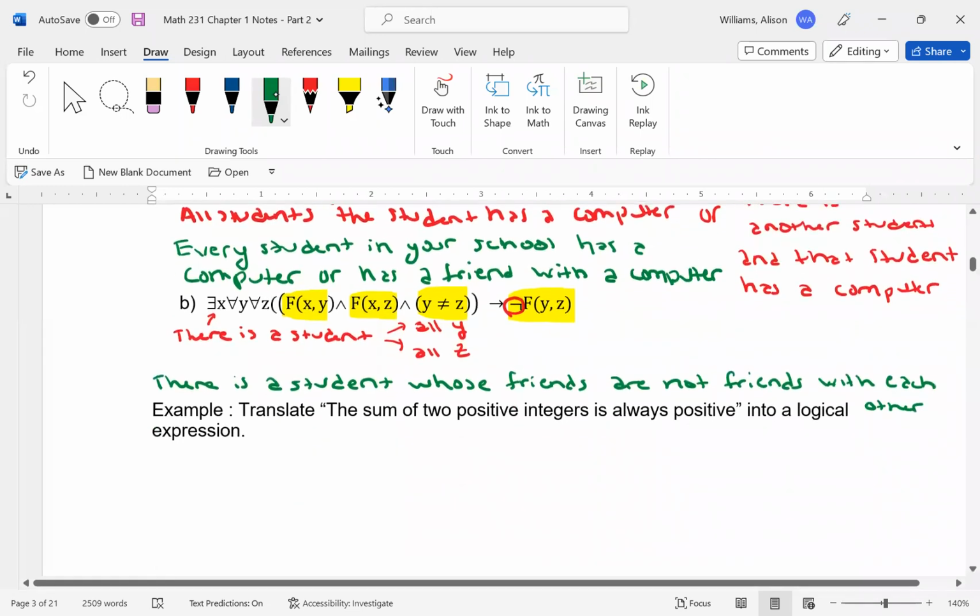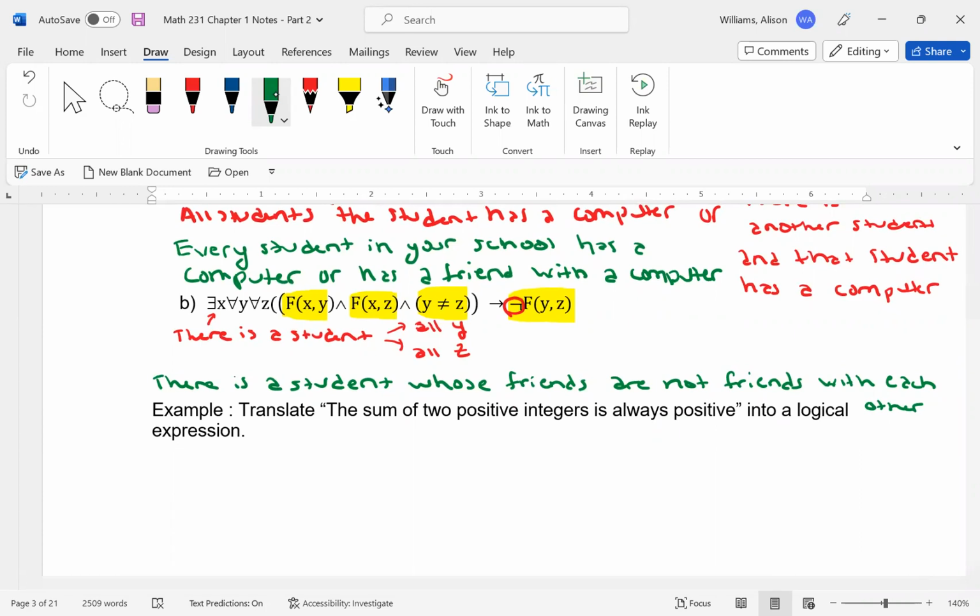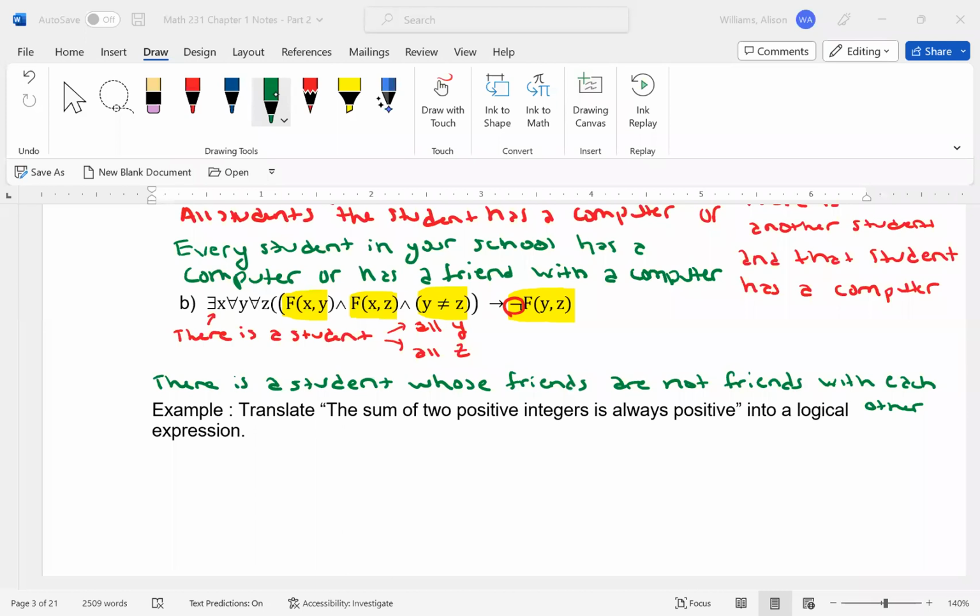All right, let's try translating ourselves. The sum of two positive integers is always positive. I want us to translate this into a logical expression. So I believe they're making a distinction when they say logical expression versus quantifiers, in particular the propositional expression like we were just doing above.